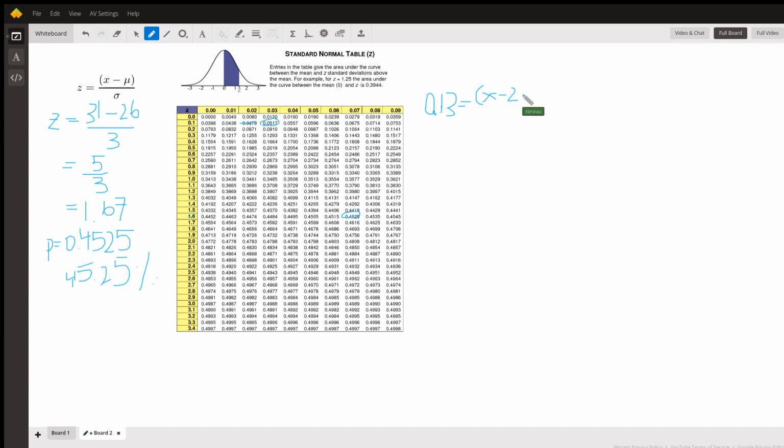X minus 26, that's supposed to be a parenthesis, all over 3. So now we're going to isolate for X. So you multiply by 3 on both sides. So 0.13 times 3 is 0.39.